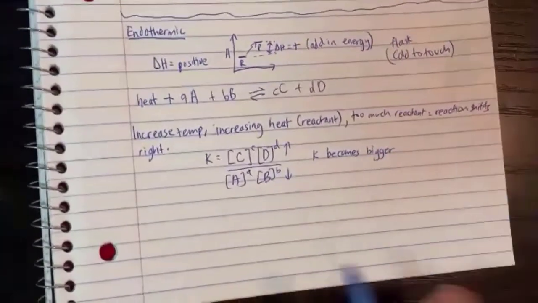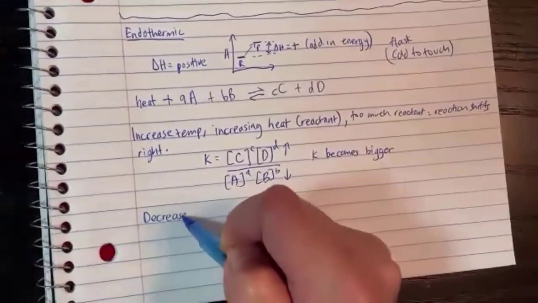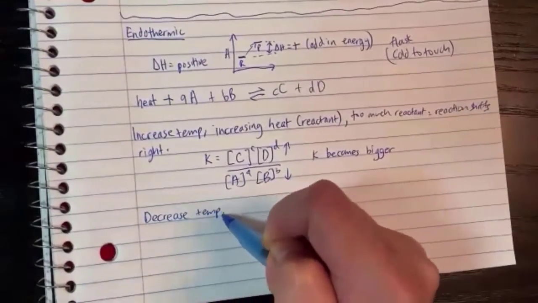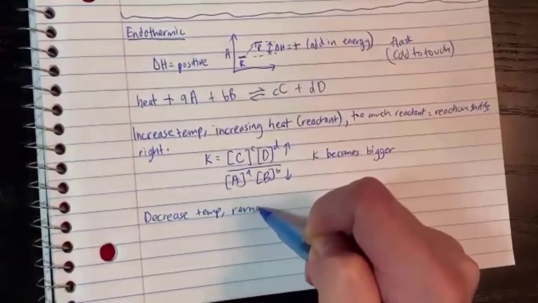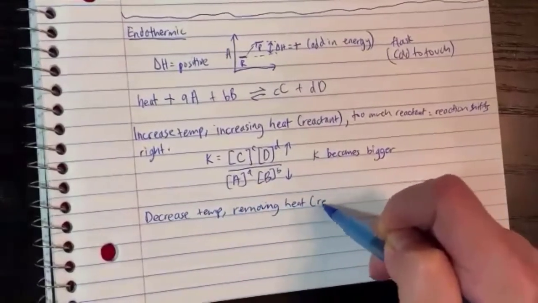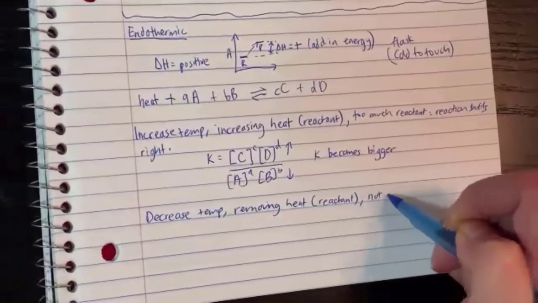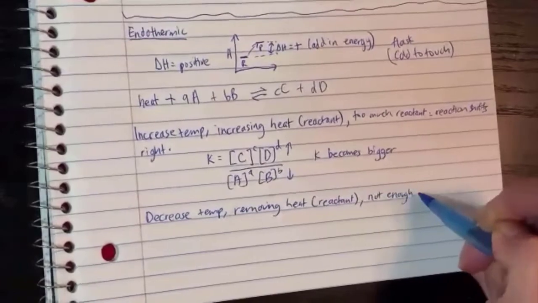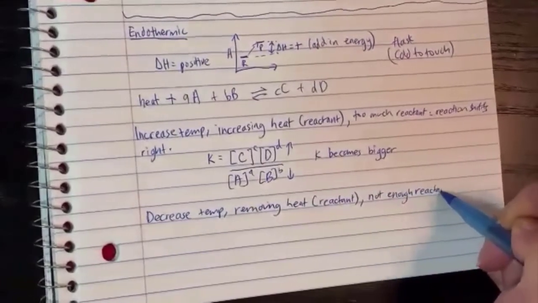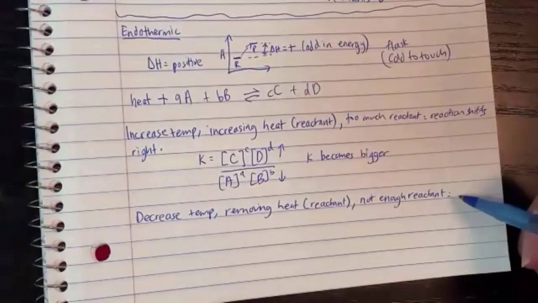Okay? And then if we did the opposite by decreasing the temperature, we are removing heat. So that means we're removing a reactant, so we have not enough reactant. So the reaction will shift to make more reactants, which is to the left.